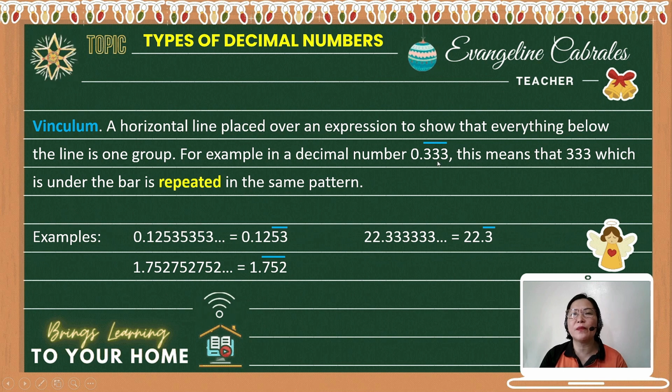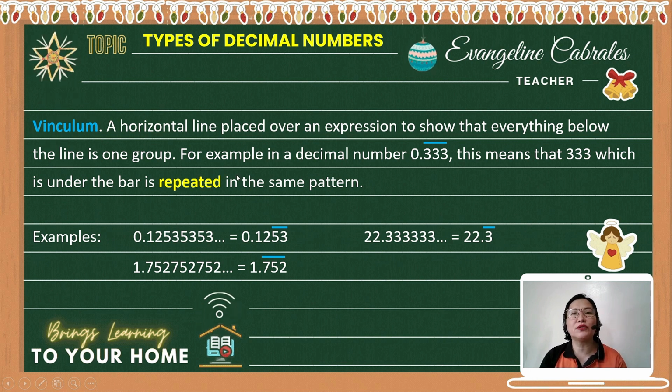Actually, itong sa example natin na 0.333, pwede siyang isulat na 0.3 lang instead na 333 kasi understood na kapag nilagyan mo ng 0.3 na may vinculum sa ibabaw ng 3, understood na ang kasunod ng 3 ay 3 rin. Paulit-ulit lamang. Okay? So, yon yung gamit ng vinculum.